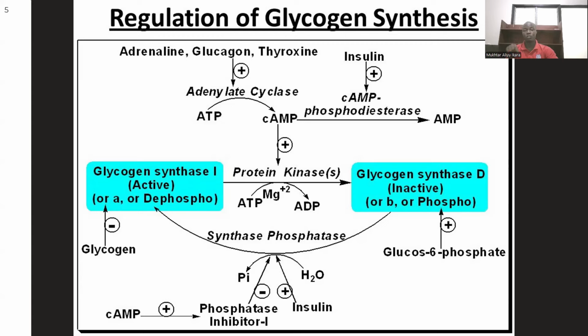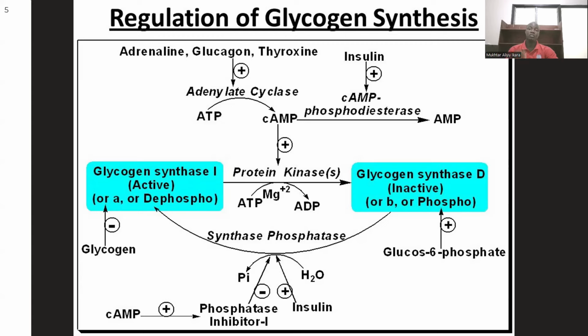Once it is phosphorylated, the enzyme becomes inactive. So the glycogen synthase becomes inactive, which means that glycogenesis, the synthesis of glycogen, will stop.